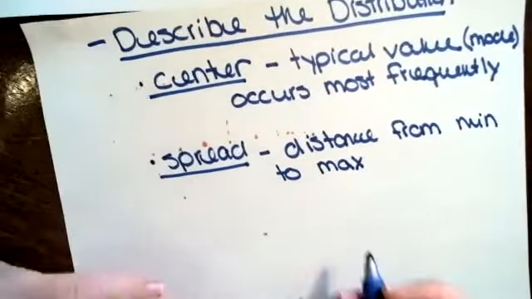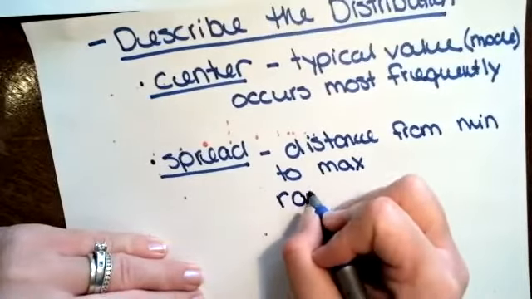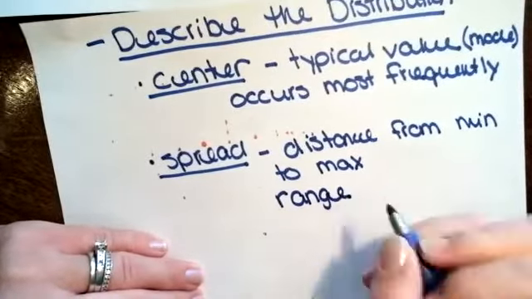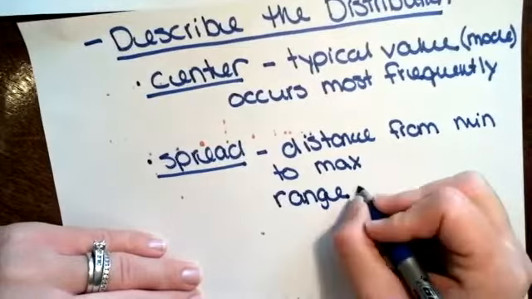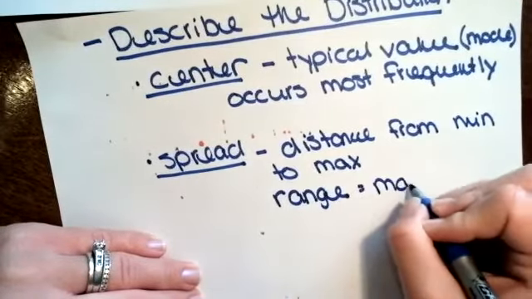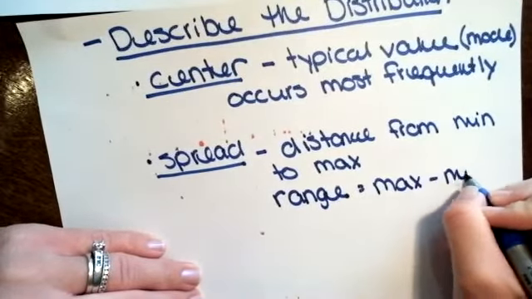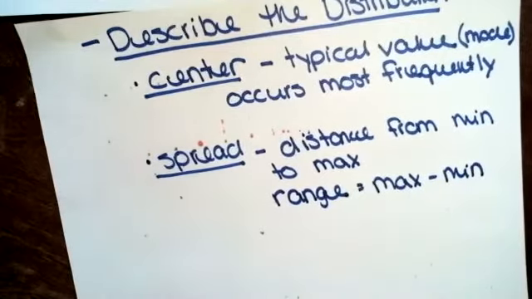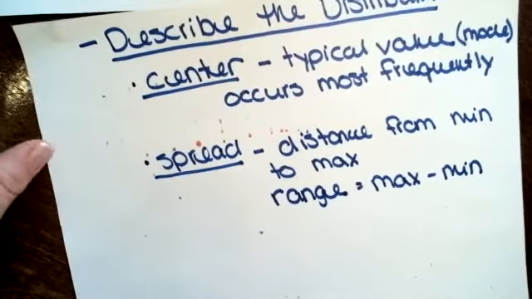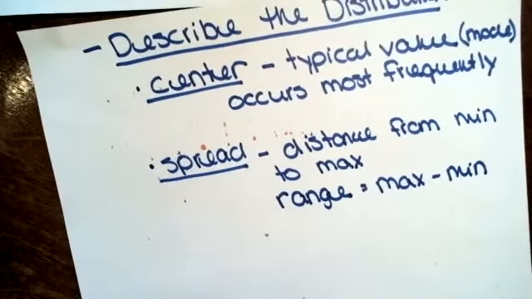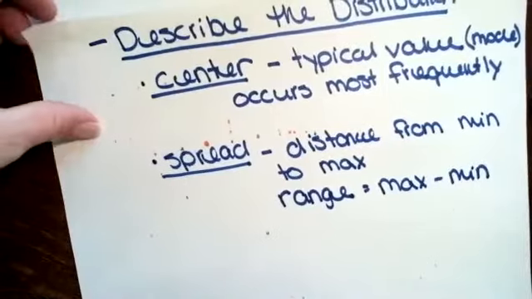Okay, so this is range, which is just my max minus my minimum value. It just tells me how spread out my data is, right? So if it's a really large range, that means I have a larger spread. It means it's more spread out. And you can look at that visually even, okay?